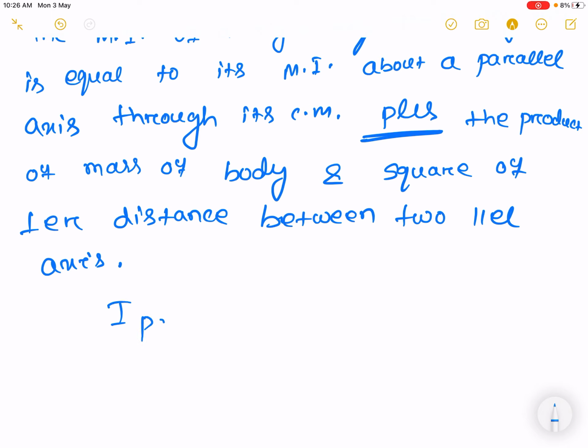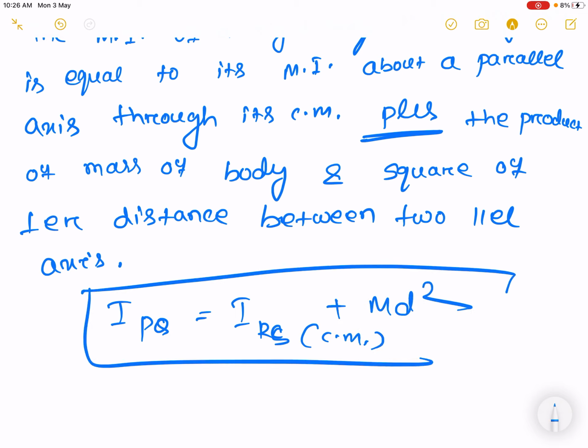Mathematically, IPQ equal to IRS, or we may call ICM plus MD square. This is your parallel axis theorem.